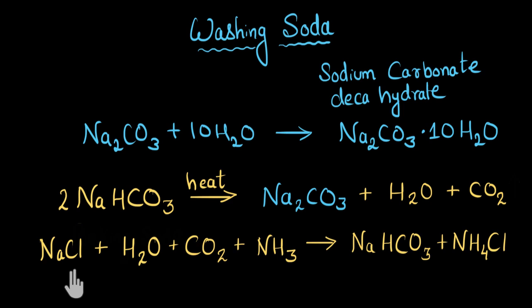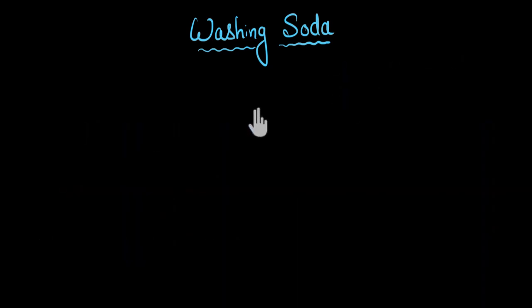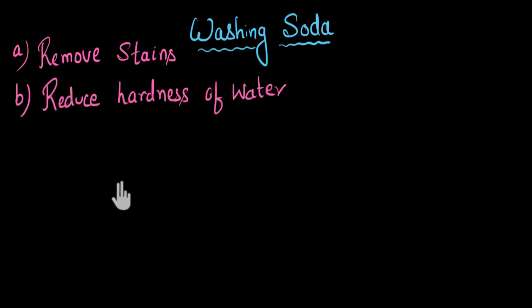Now let's look at some common uses of washing soda. As the name suggests, washing soda is commonly used for washing purposes. It can remove some tough stains from your clothes. And it can also reduce the hardness of water. Water can sometimes have some minerals dissolved in it, like magnesium carbonate or calcium carbonate or some other minerals.